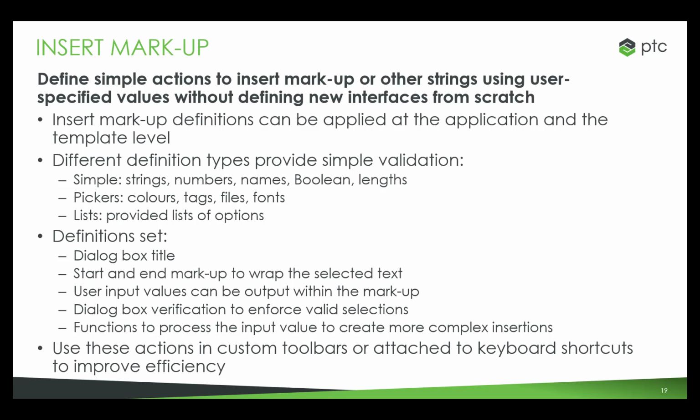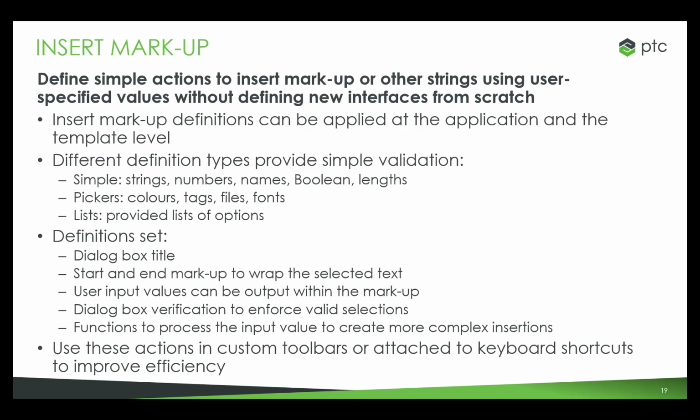Talk about that in a little while. But the definitions actually define the dialog box which pops up, the title of it, the markup which appears at the beginning and the end if you've selected some text, for example. It defines the list of output value types that you can specify, and you can have a verification procedure to make sure that the entries that the users put in is valid.